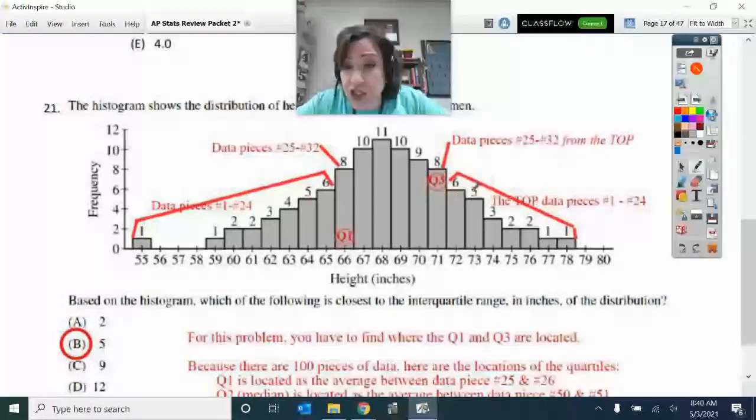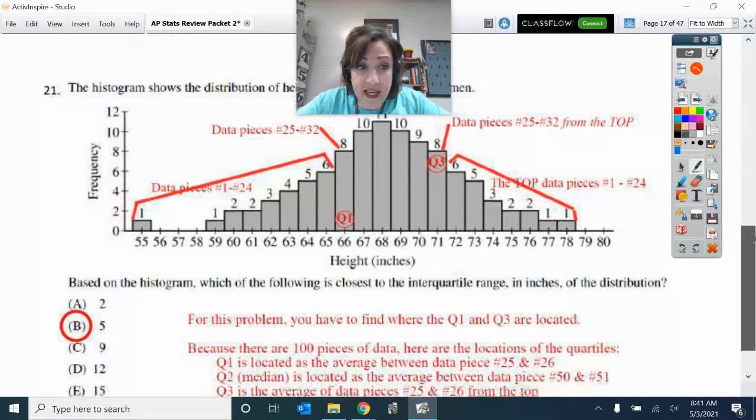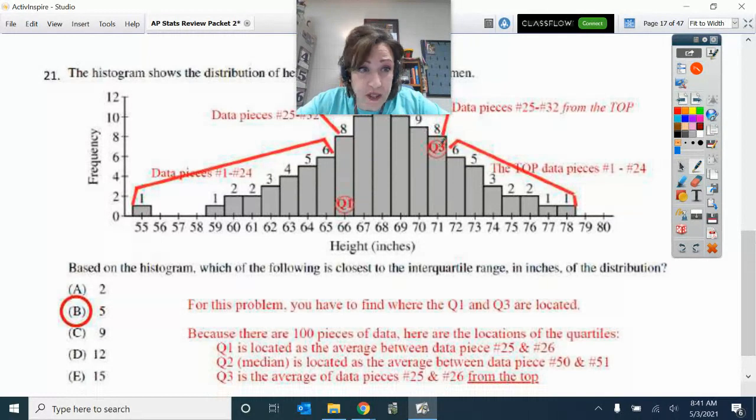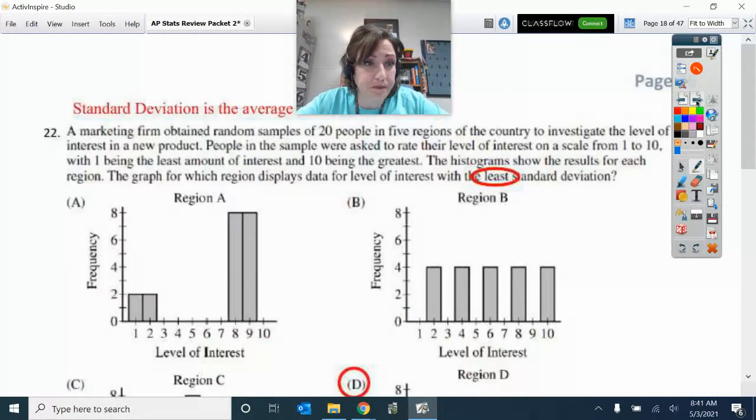So I knew the top 24 pieces of data were in the top quartile, and then data pieces 25 to 32 are the third quartile, and so on. Okay, so therefore, because of this, I know that Q3 is 71. Q1 is 66. So my 71 minus Q1 is 5, an IQR of 5.